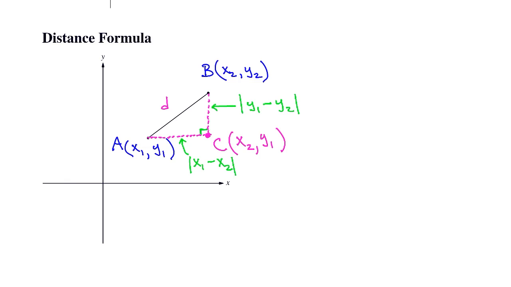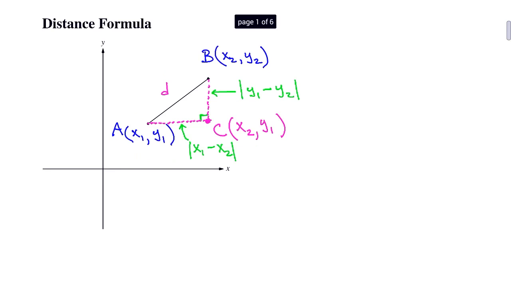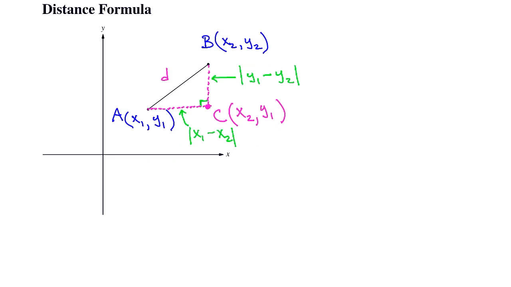Now we can develop the distance formula using the Pythagorean theorem. So the hypotenuse is d squared, and then we need to take the square of the 2 sides. So that would be the absolute value of x1 minus x2, quantity squared, plus the distance on the other leg, absolute value of y1 minus y2, quantity squared.